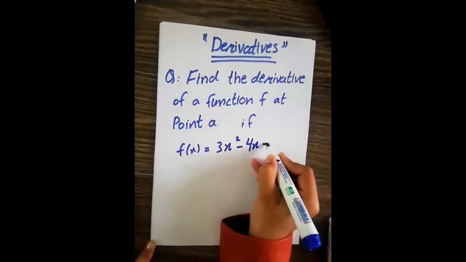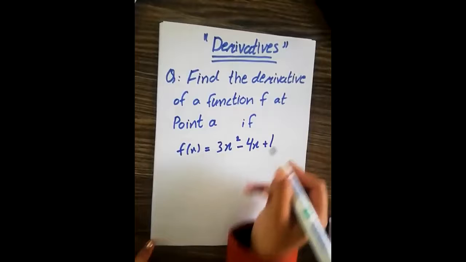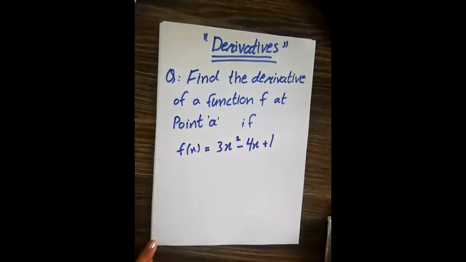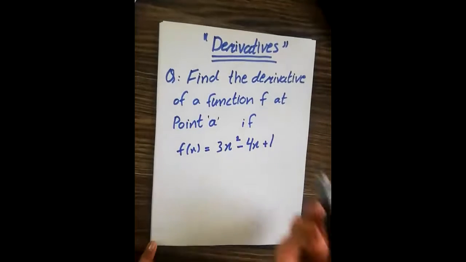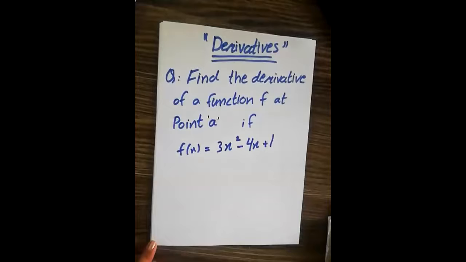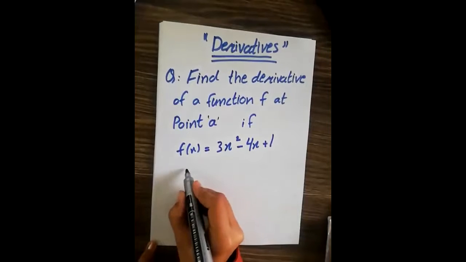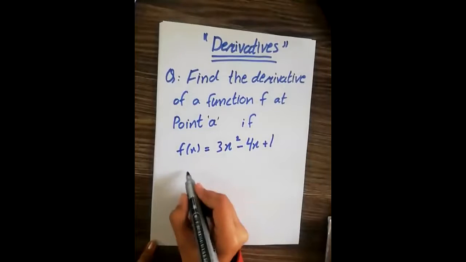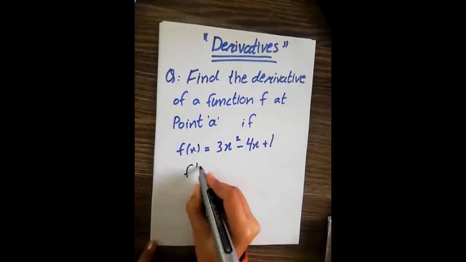We have to find the derivative at point A. This is the point A. It could be some numerical number like 1, 2, 3, anything, and it could be A. So f of x is this. We have to find f prime of A.